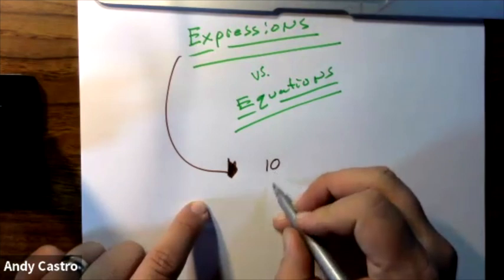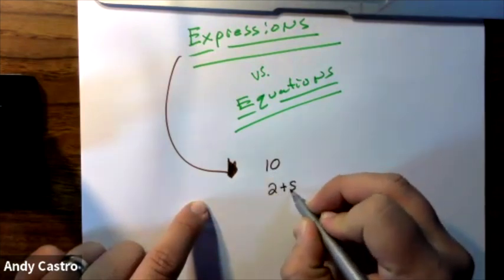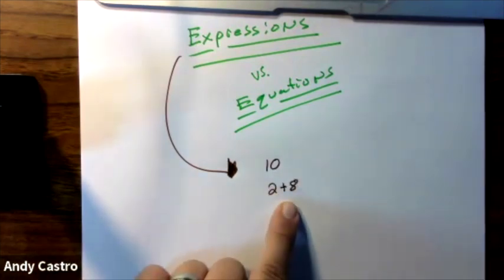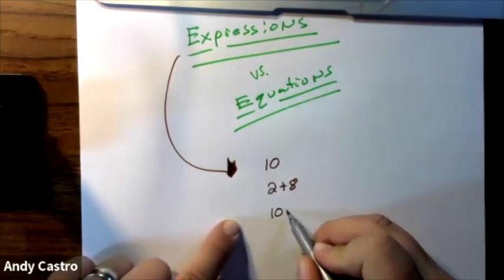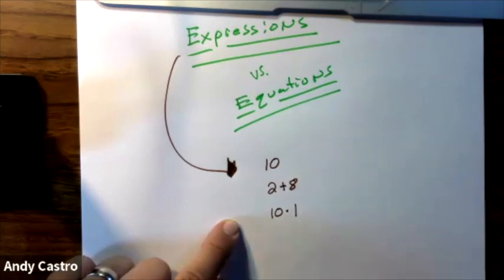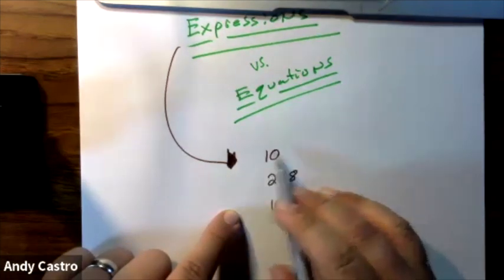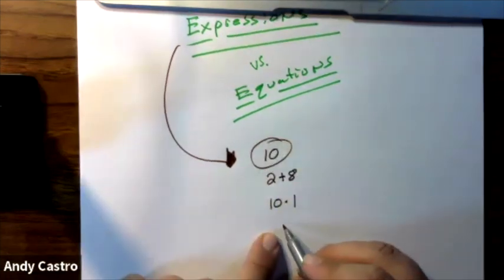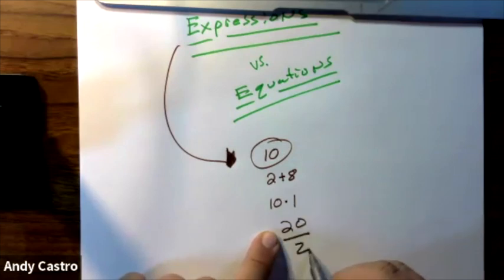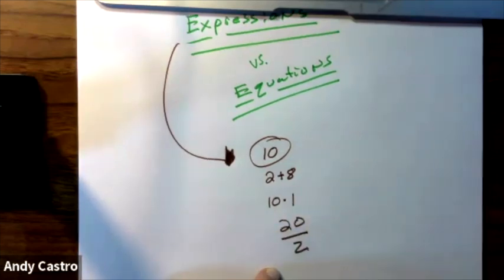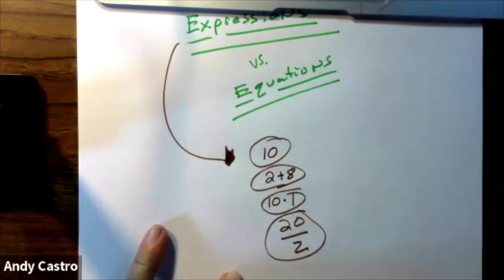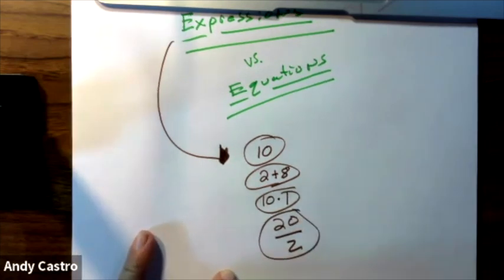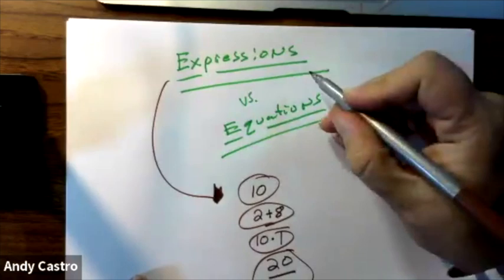I can express 10 by 2 plus 8. 2 plus 8 and 10 are the same thing. I can express 10 by 10 times 1. I can express 10 by 20 divided by 2. All of those are the idea of 10. They're just expressed differently. That is what an expression is.